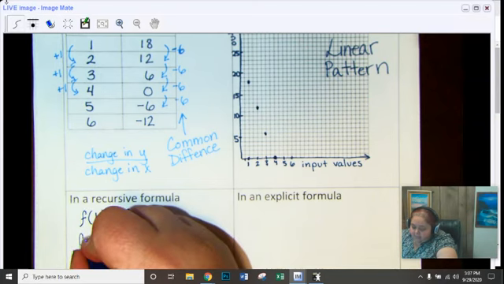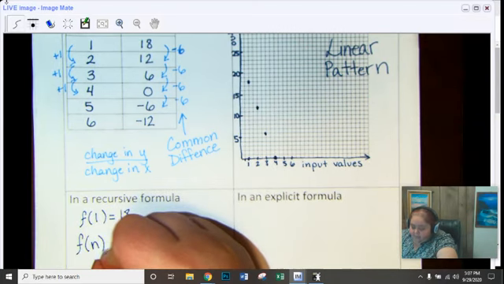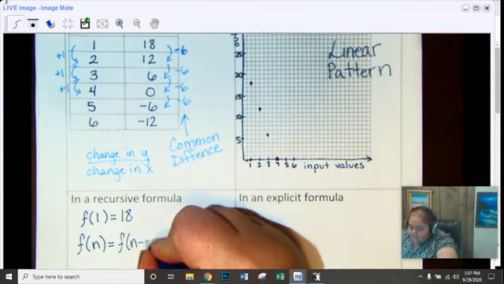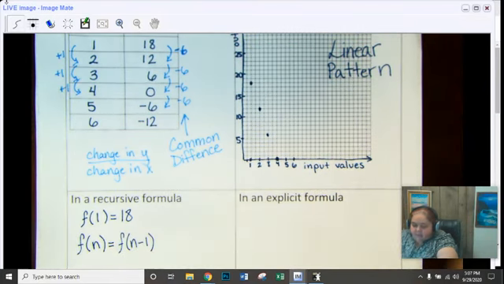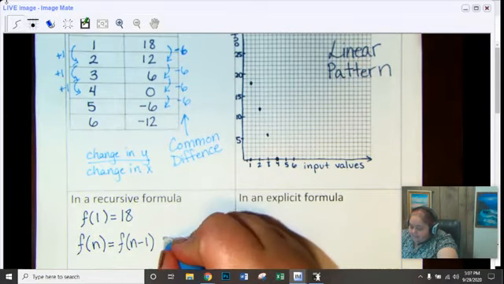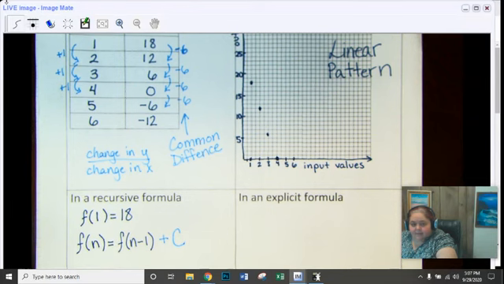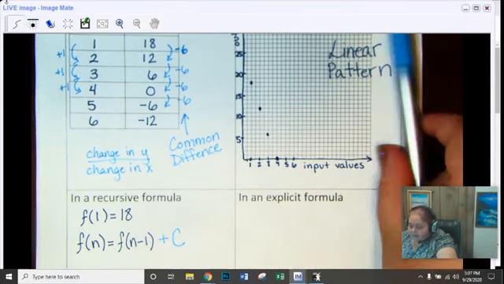Then we always say the next term is equal to the term that came before it, plus or minus C, our common difference. So our common difference is that number there.